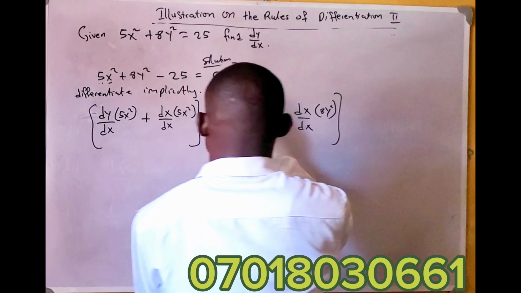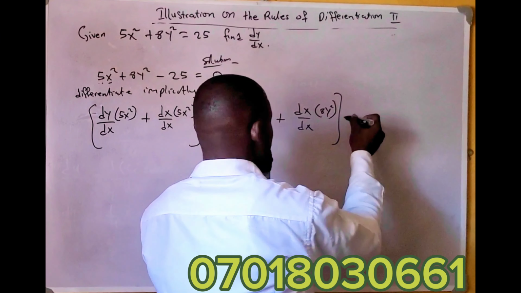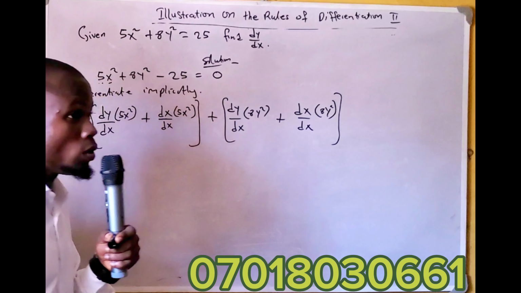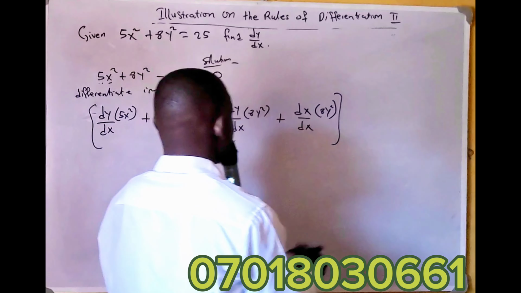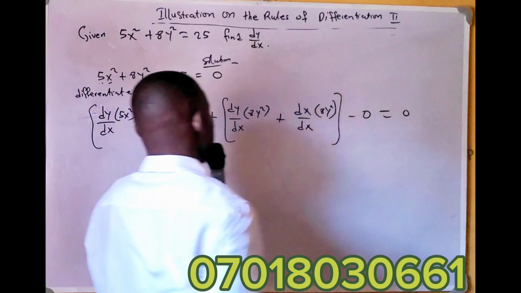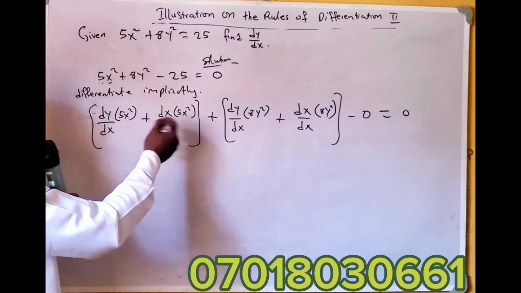And the last term here is the constant, so the derivative of a constant will always be 0, either with respect to x or with respect to y. So we can always put minus 0 and everything equals 0. So now let's work this out.